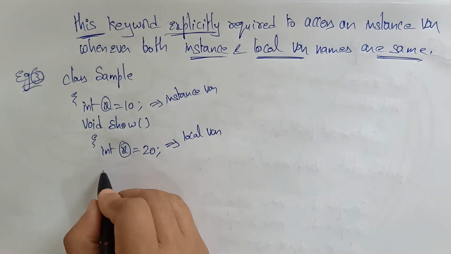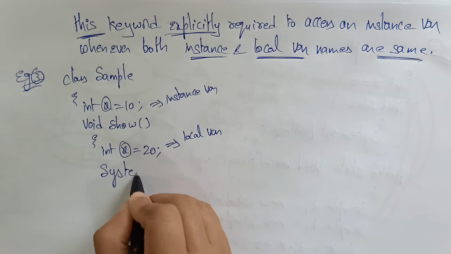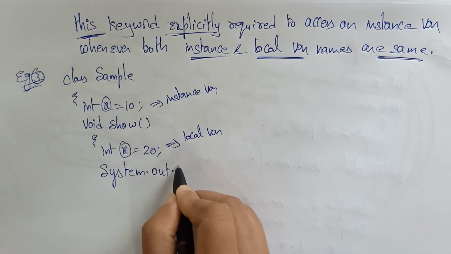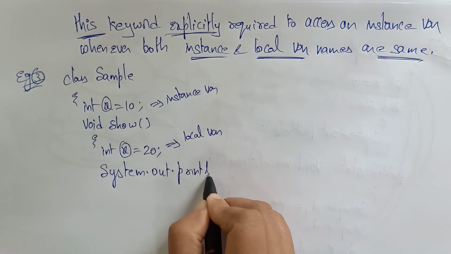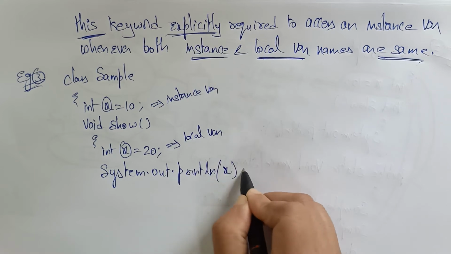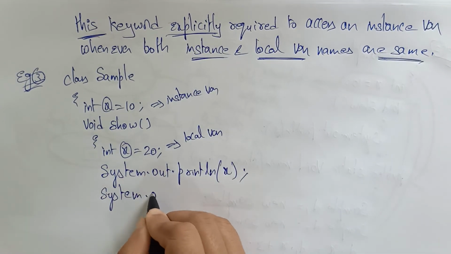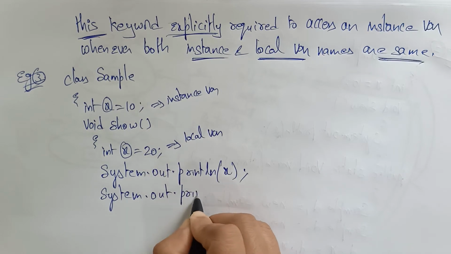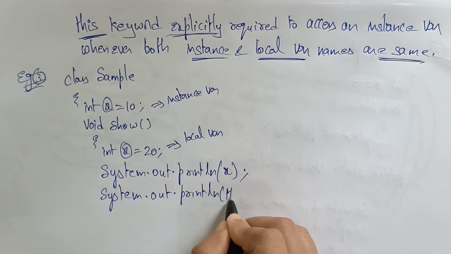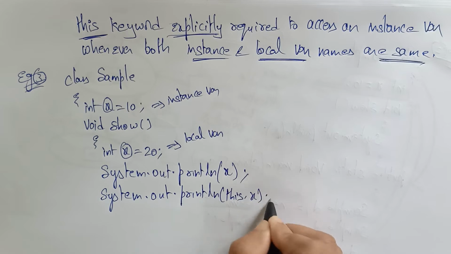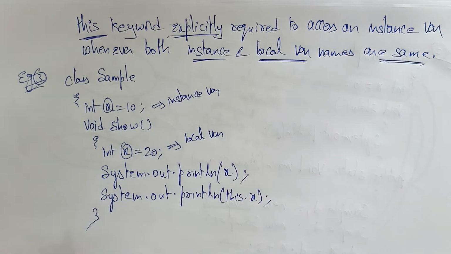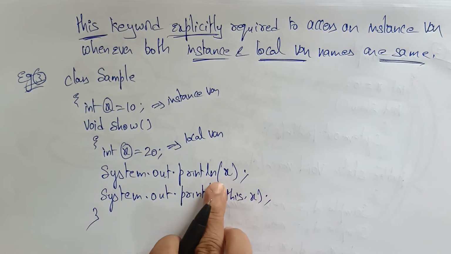So in this case, you have to mention System.out.println x, and System.out.println this dot x. I'm just writing the code snippet. You have to mention this dot x. So whenever x is there, what value is going to be printed?